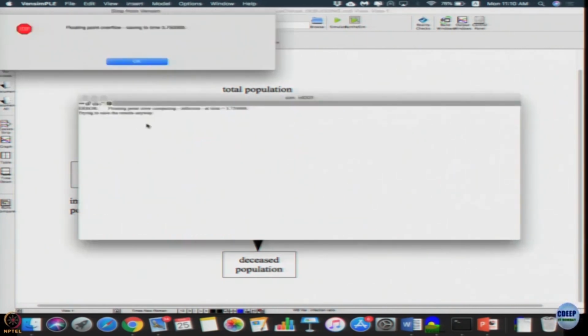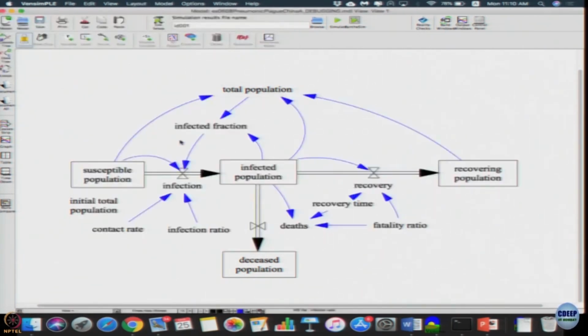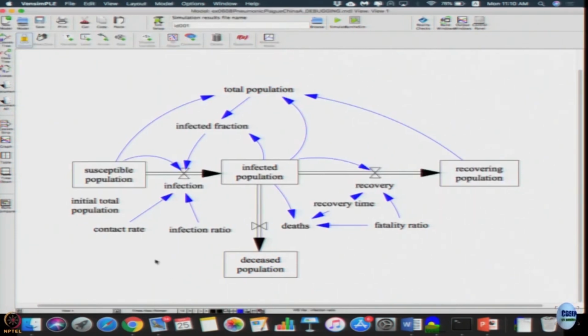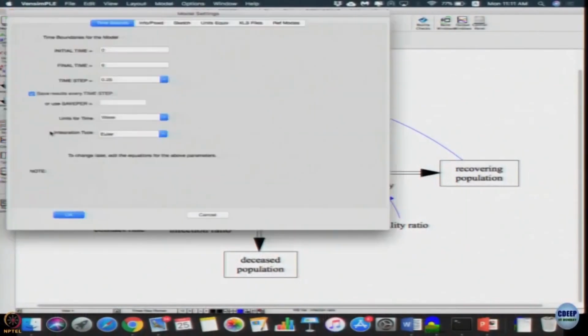Okay, again I'm getting a floating point error. The model seems structurally okay. Let us see. The recovery time was 0.35 weeks, right? Okay. Let's go to model settings. Yeah, let's look at the time step.